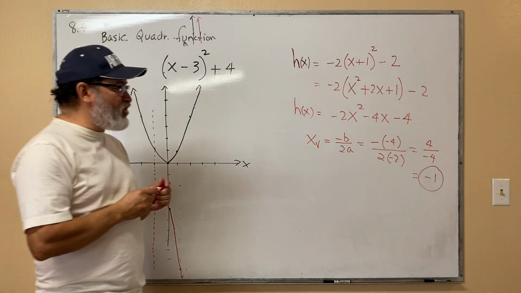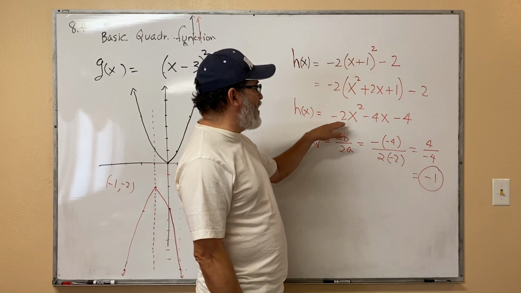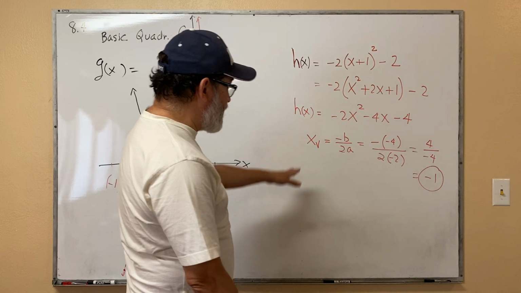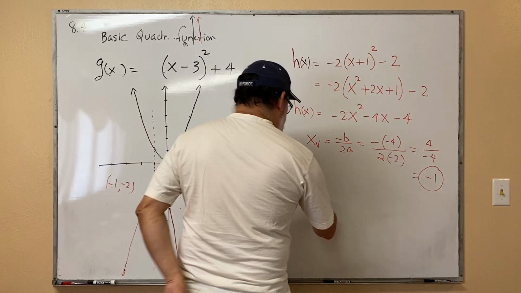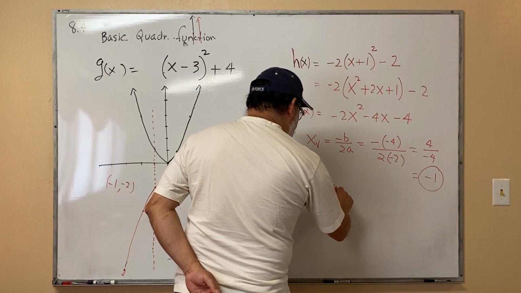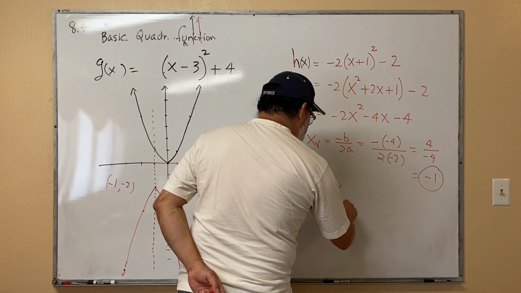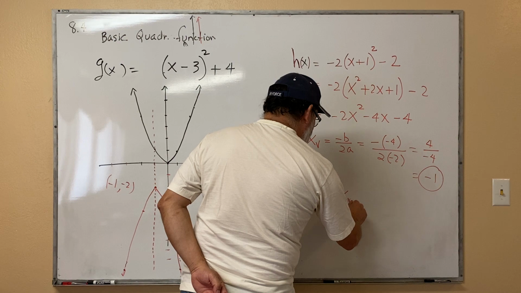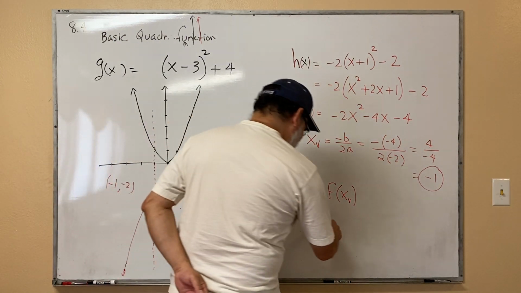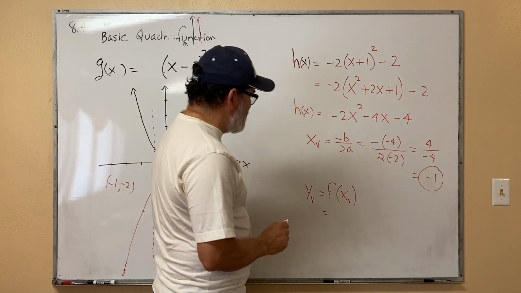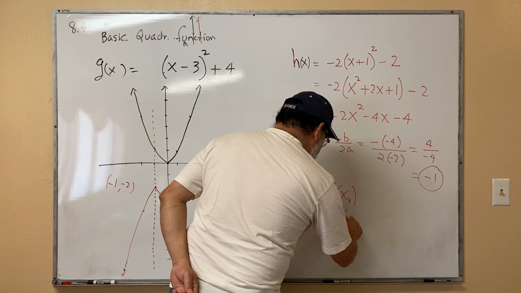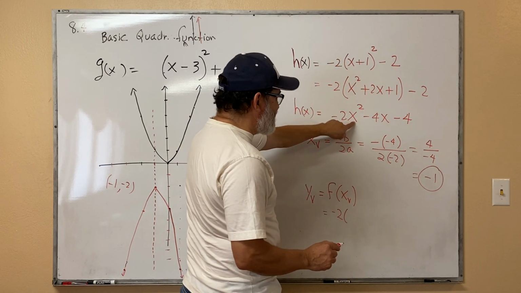So you can still find the vertex if the parabola is given as a trinomial. You can. We're not done. The y-coordinate of the vertex is the function when you plug in the x-coordinate of the vertex. Of course, in this form, okay? So take -2 times, what's -1?